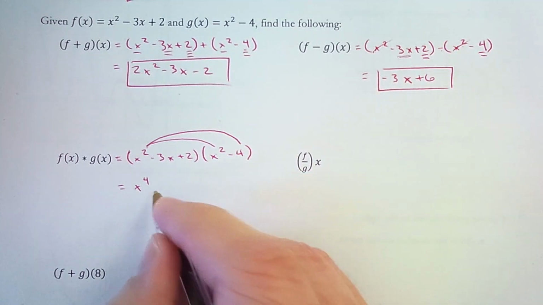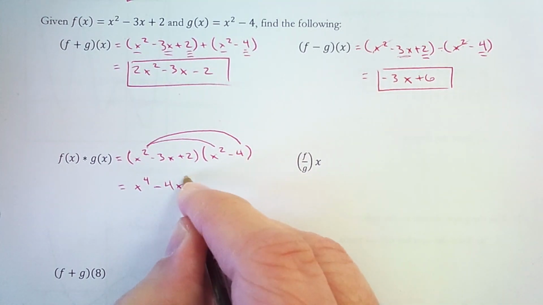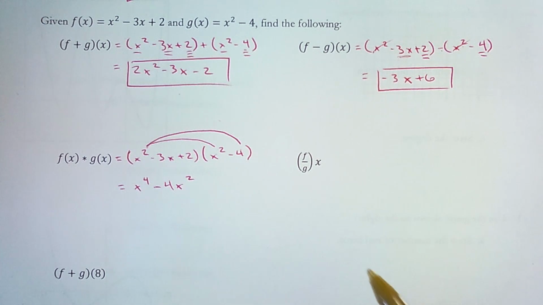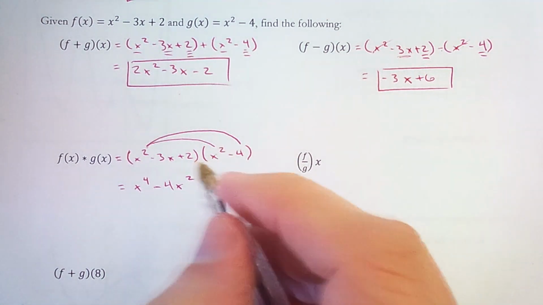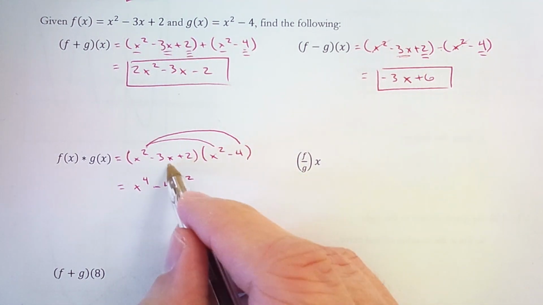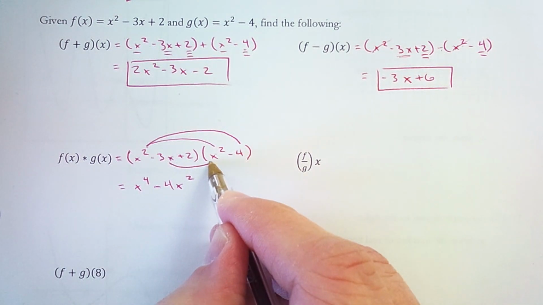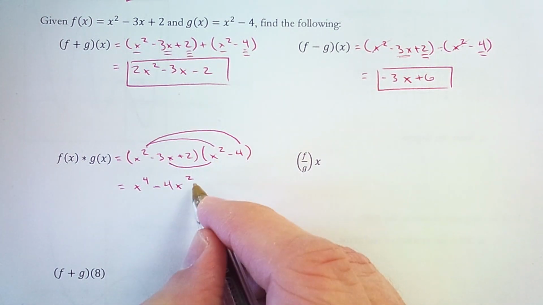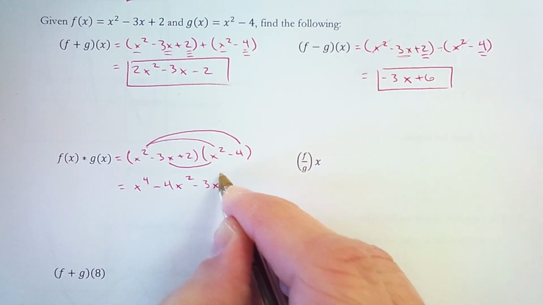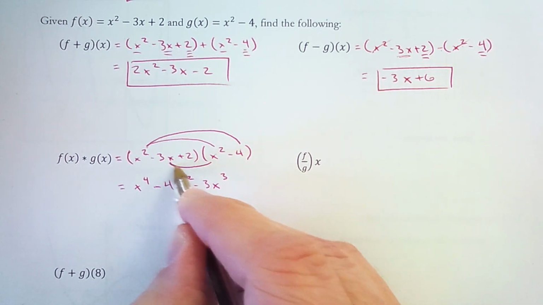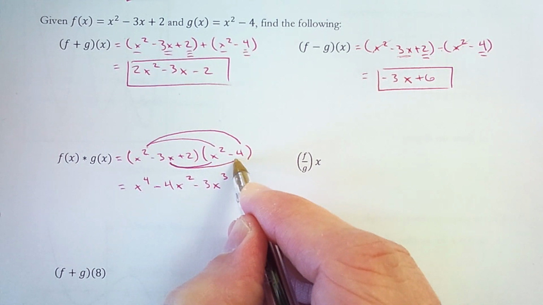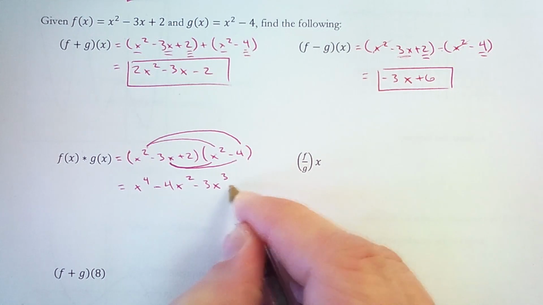X squared times -4 is -4x squared. Then we have -3 that we need to distribute, or -3x. -3x times x squared is -3x cubed. -3x times -4 is positive 12x.